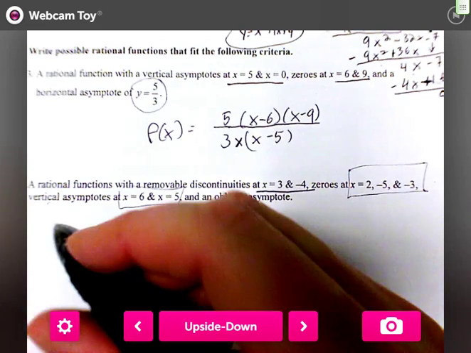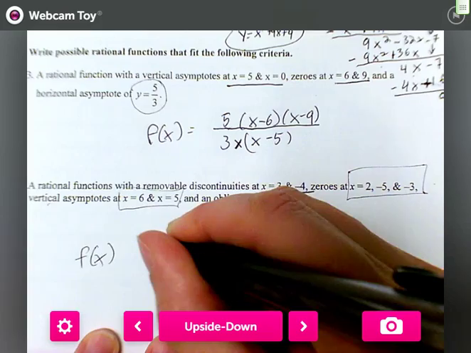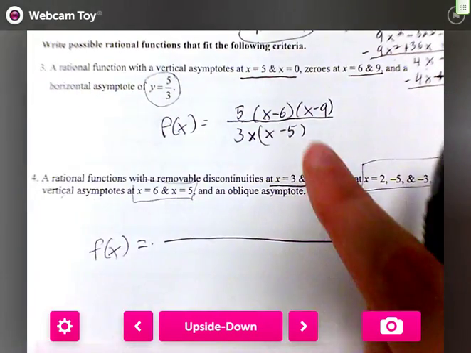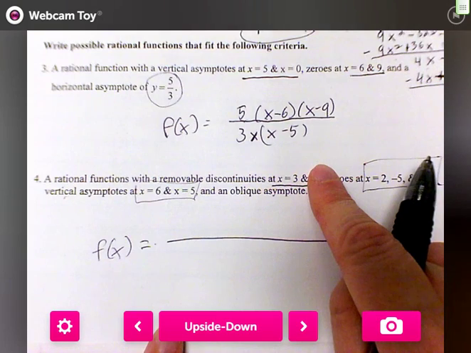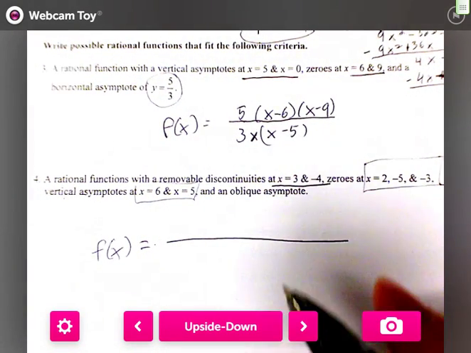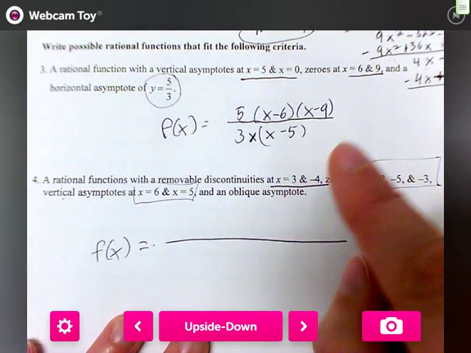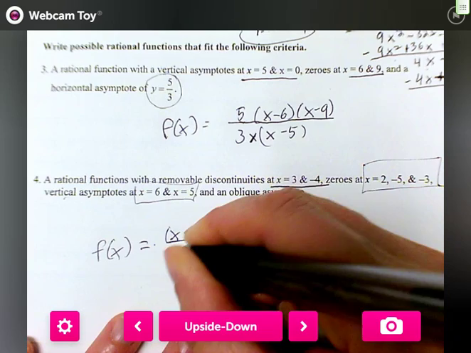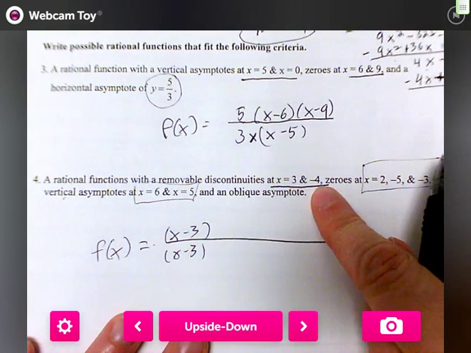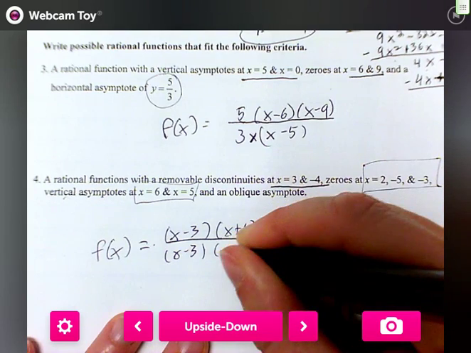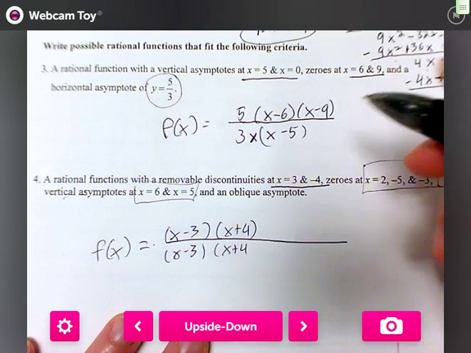Okay, so first of all, we're going to have f of x equals, okay, removable discontinuity. That means it has to be where? What has to be where? Top and bottom. So remember, it's the opposite of these. So we have x minus 3 on the top and the bottom. We have x minus 4, so that becomes x plus 4 on the top and the bottom. Okay, that covers our removable discontinuity.